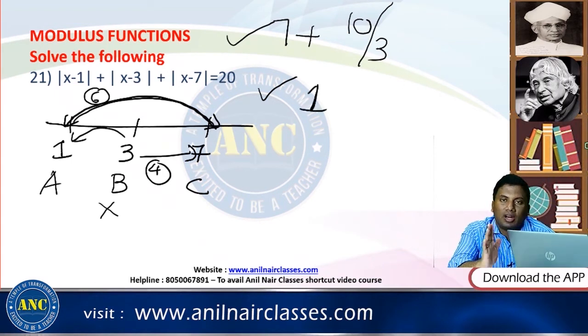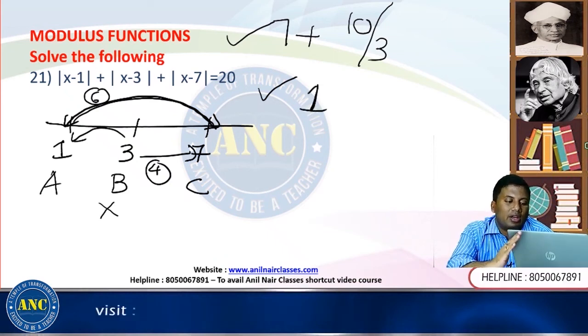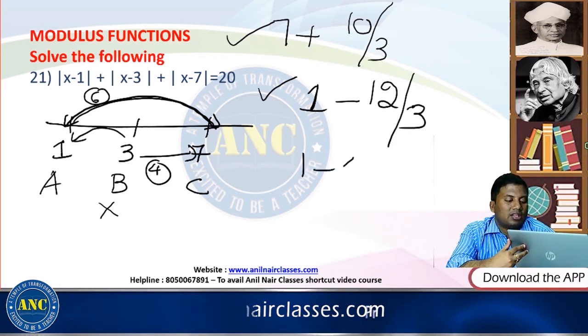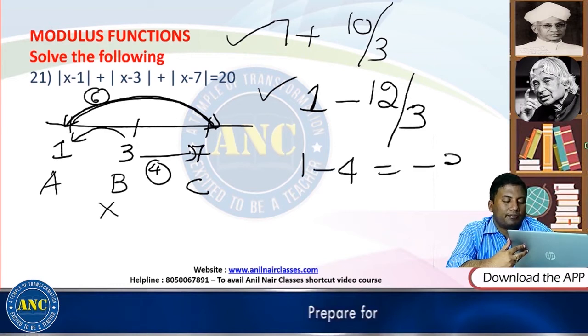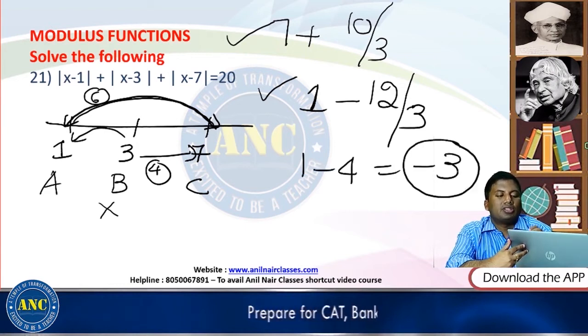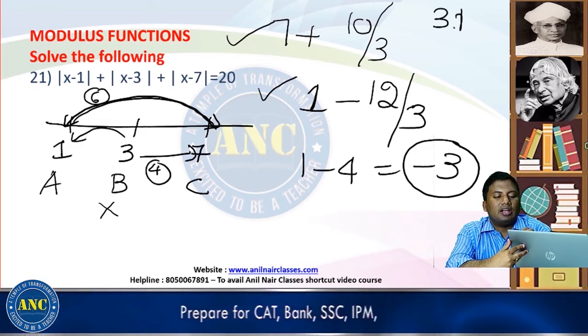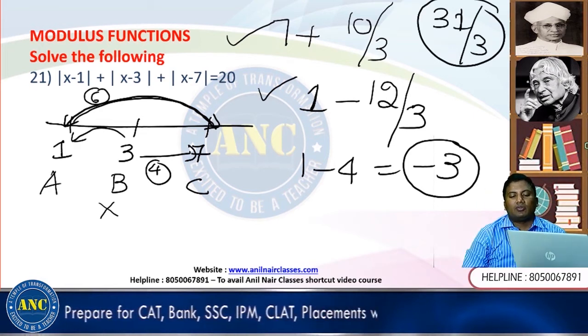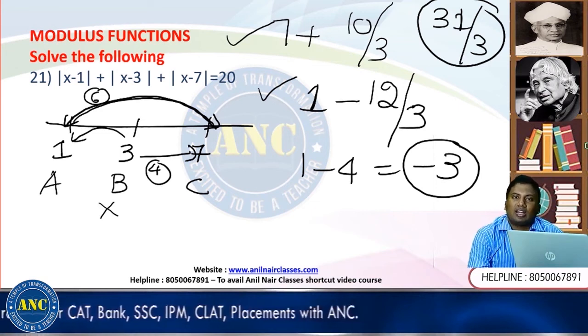From point 1, 12 units to the left of 1, which is a negative. C reached A, B reached A. 1 minus 4 is minus 3. Minus 3 is one answer. 31 by 3 is another answer.